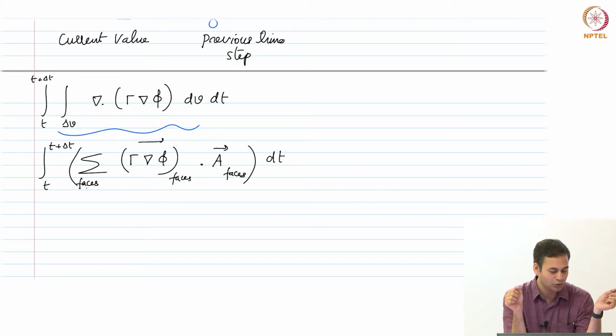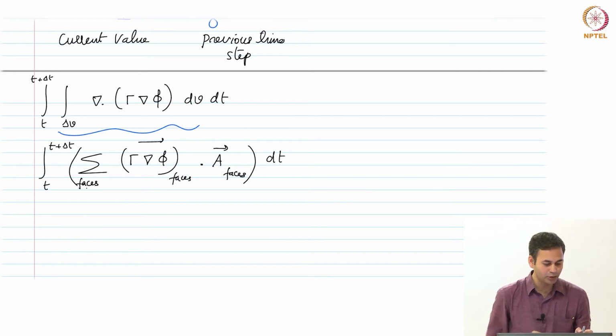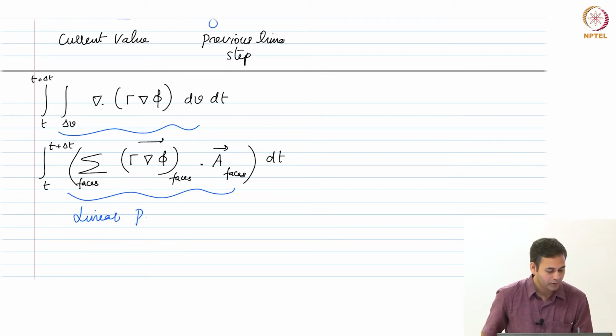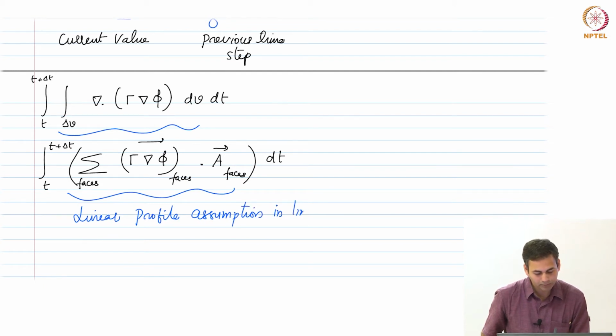So, what we say is that we again make use of a linear profile assumption in time for this particular quantity in parenthesis.